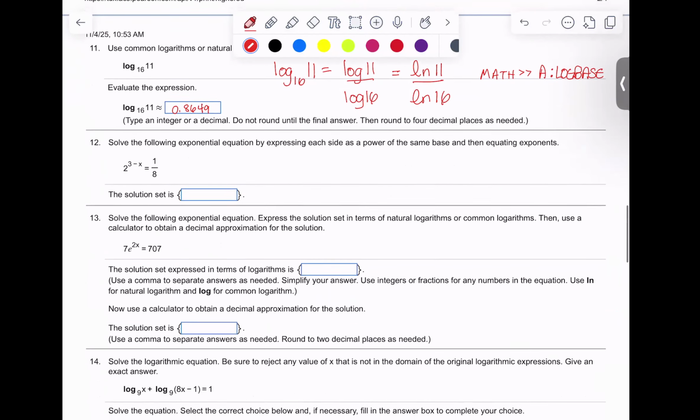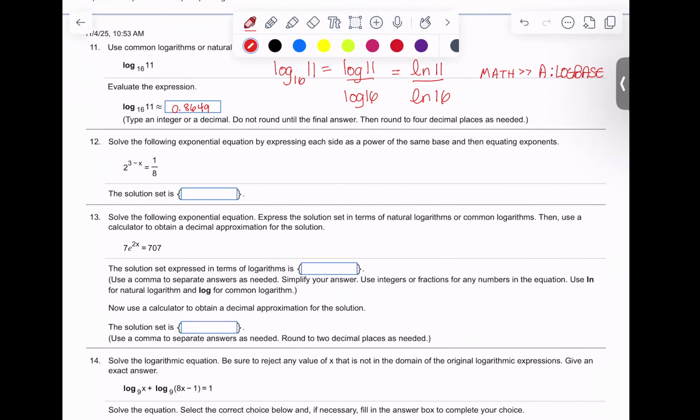All right, solve the following exponential equation by expressing each side of the power as a power of the same base, then equating exponents. So I have 2 to the 3 minus x equals 1 over 8. And I happen to know, because Professor Castle yelled at me in class, that 8 is 2 cubed.